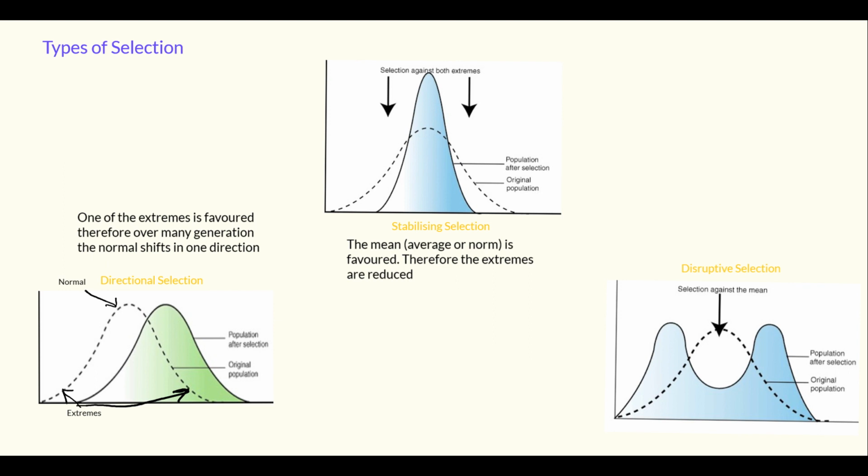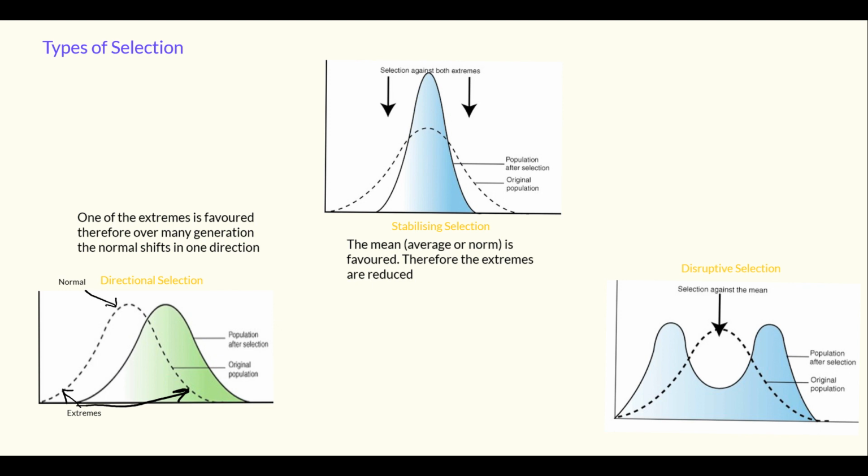And if a baby was too big, then there potentially could be birthing complications. Therefore, the other extreme would not be favoured. So a normal birth mass or a normal head circumference at birth would be favoured. Therefore, the population would increase for the mean or the average or the normal birth weight or birth head circumference.